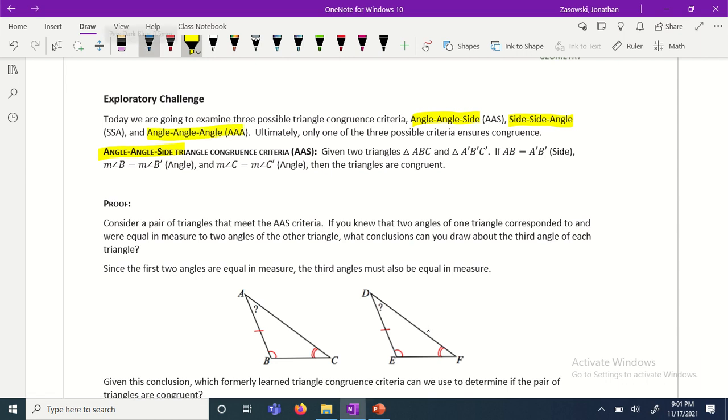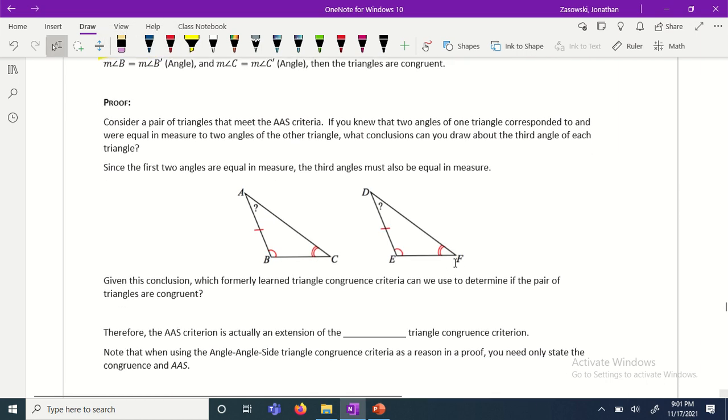Angle, angle, side is a congruency theorem because if I knew these two sets of angles in the triangle, I would be able to get the third angle's measure, because they all add to 180 degrees.